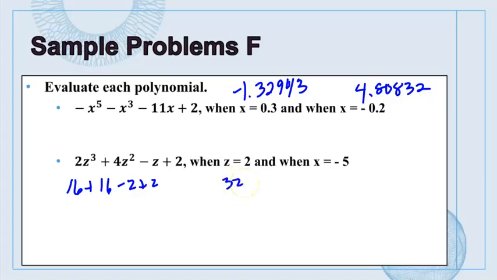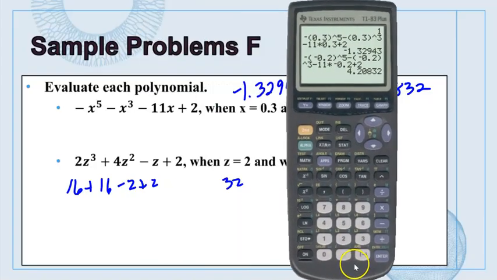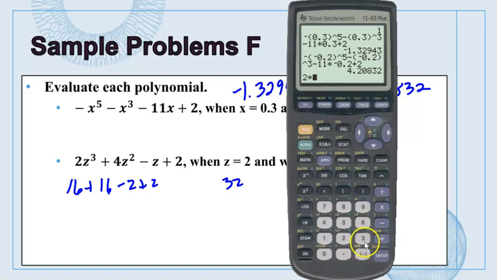If you put negative 5 in there, 2 times negative 125. So 2 times a negative 125 gives us a negative 250, plus 4 times 25, which is 100.